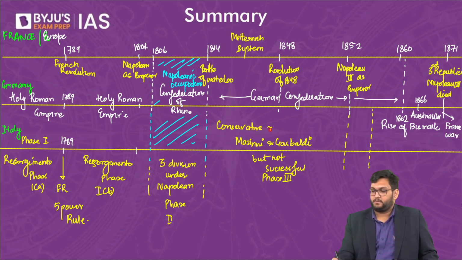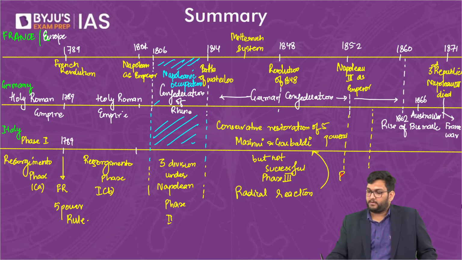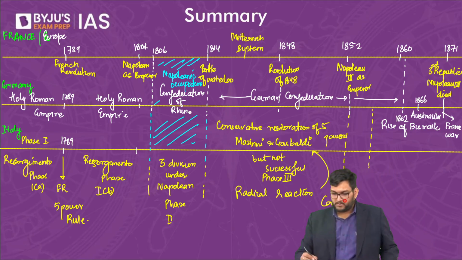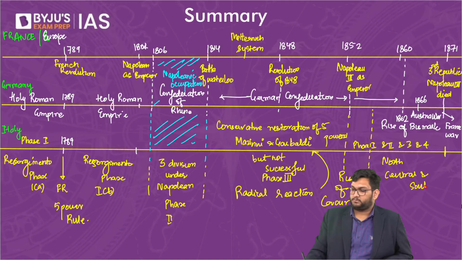Conservative restoration of 5 powers. Radical reaction. Rise of Cavour. Phase 1, 2, 3, and 4. North, Central, and South consolidated.